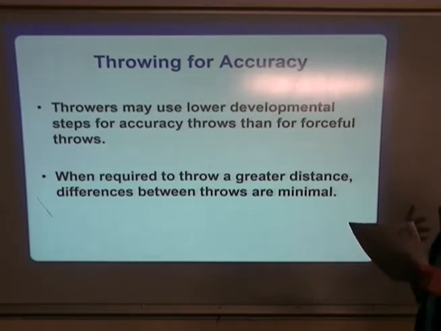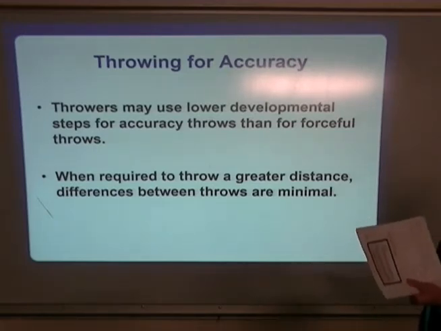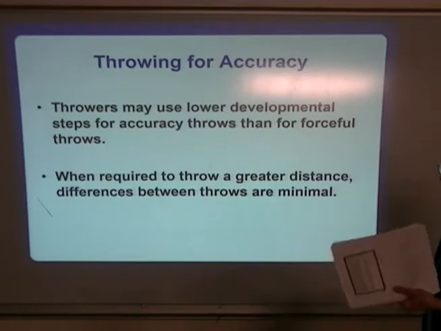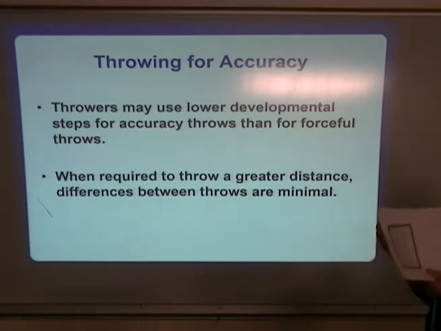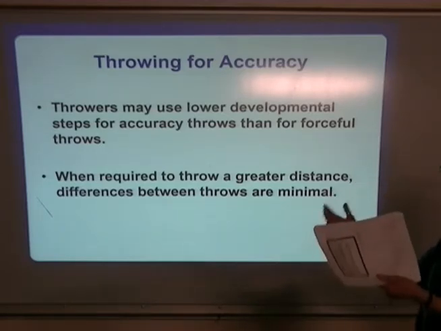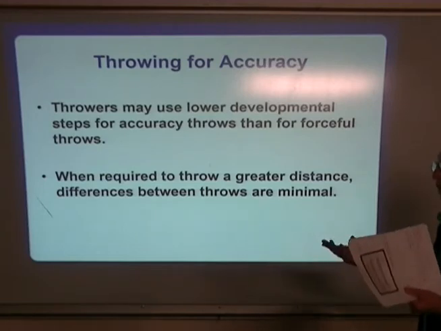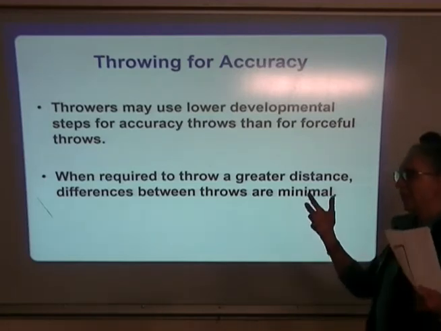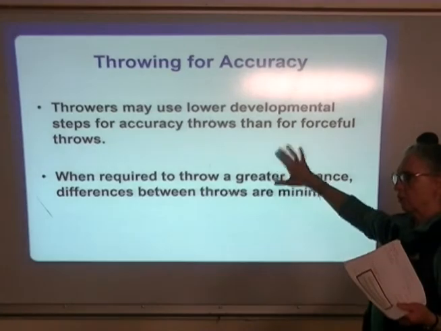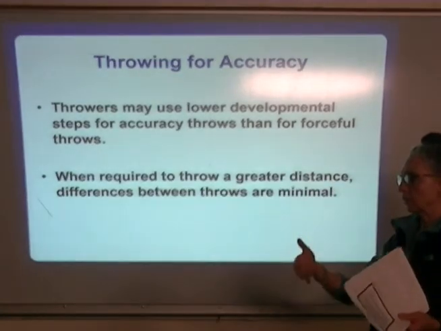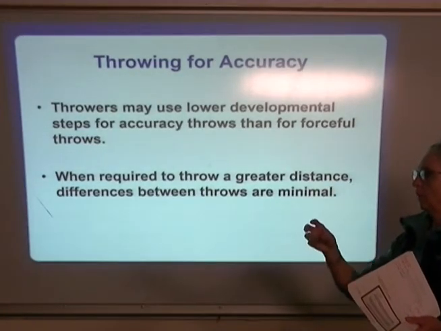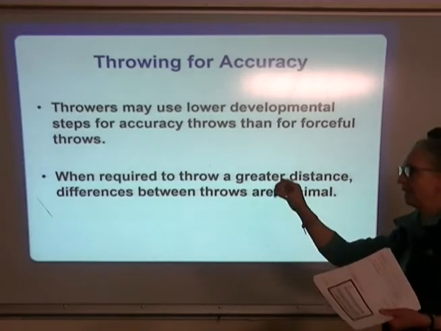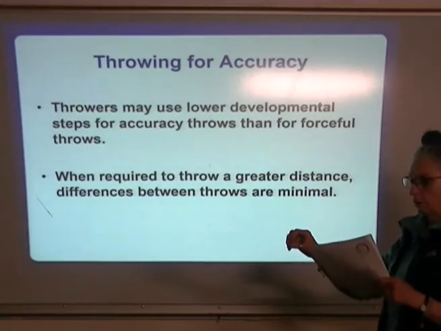So in sport, it can be a little bit tricky as the teacher or the coach, depending upon the position that you're working with, right? Because in a lot of games, not darts obviously, but in a lot of game situations, what we want is force and accuracy, right?